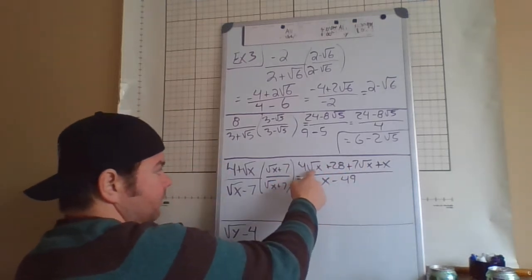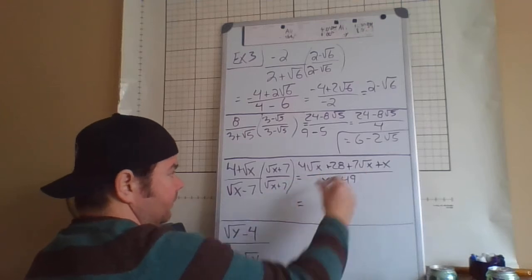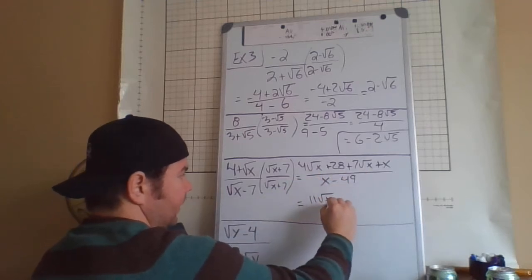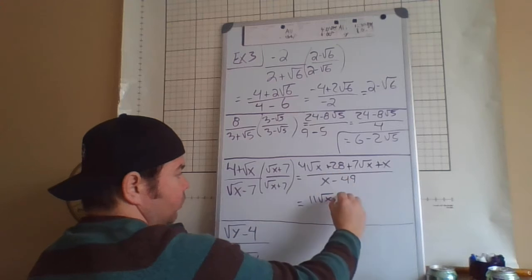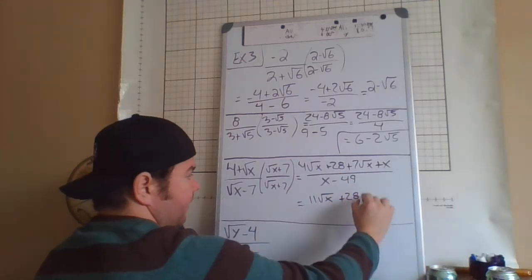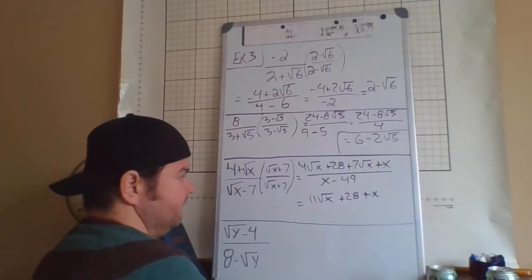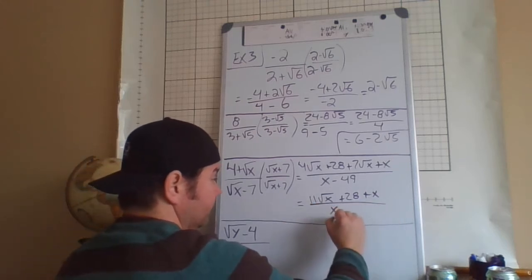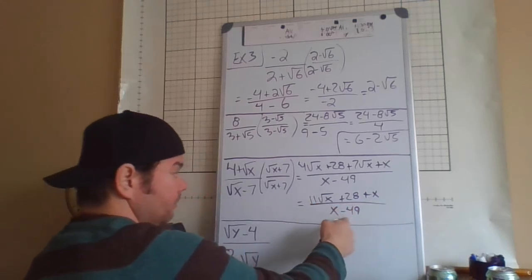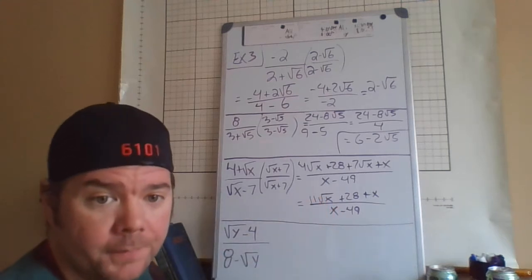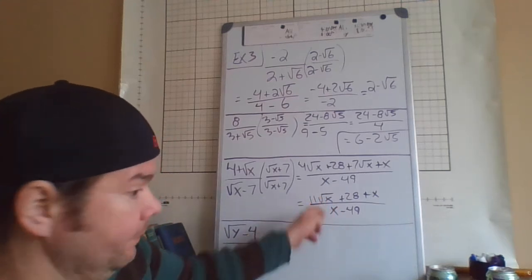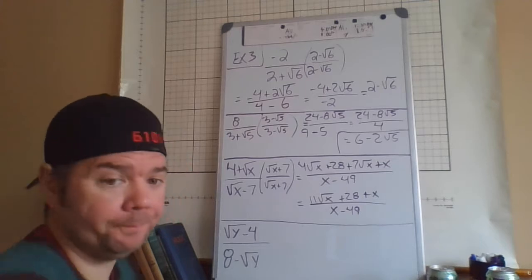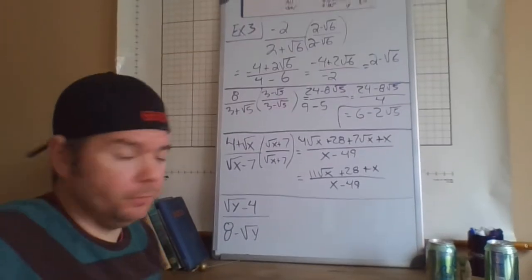Well, 4 times the square root of x plus 7 times the square root of x is 11 times the square root of x. I have 28. I have x. That's it. The bottom, x minus 49. Not factorable, nothing cancels. That's the final result.